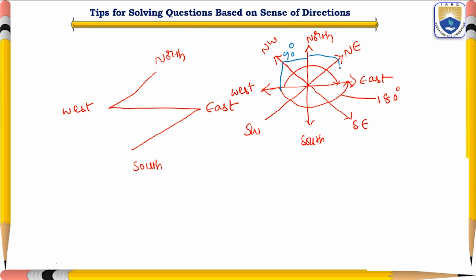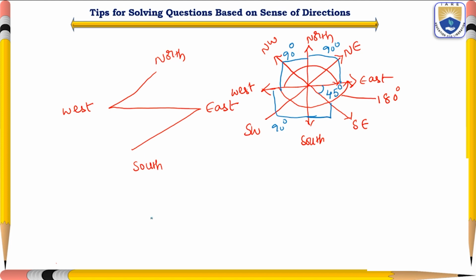So for any adjacent direction, it is 90 degrees. And to move to a subdirection, half of 90 is 45 degrees.